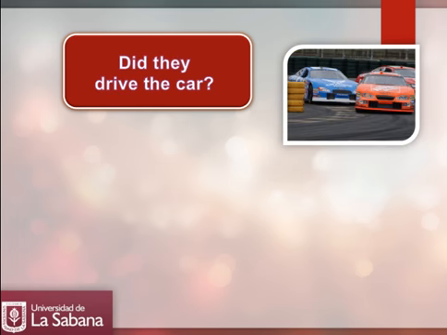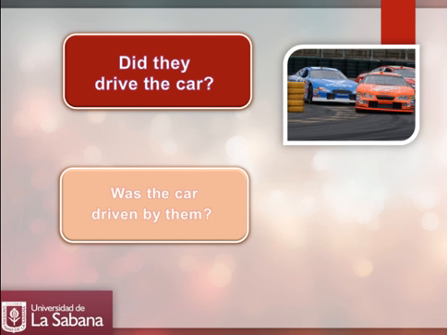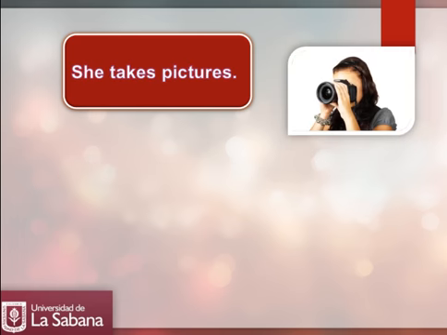Okay, how about the next one? Did they drive the car? And when you're ready, you should get was the car driven by them? Did you get this one? Okay, let's try another one. She takes pictures. This should be an easy one for you.